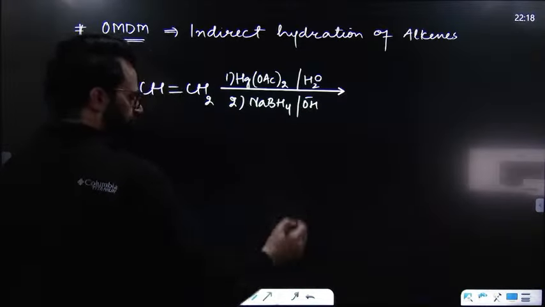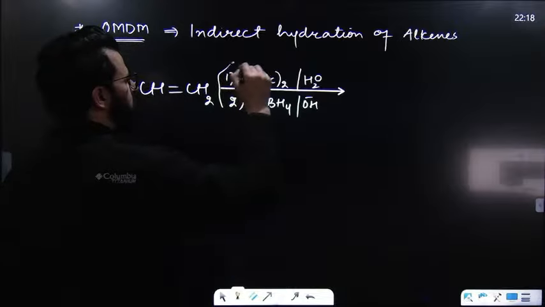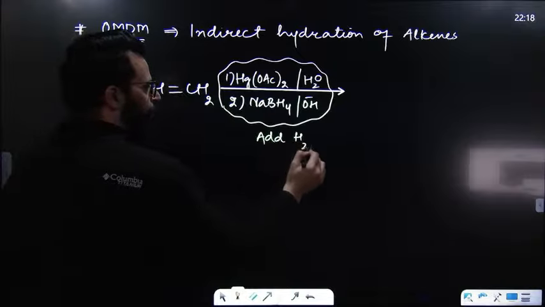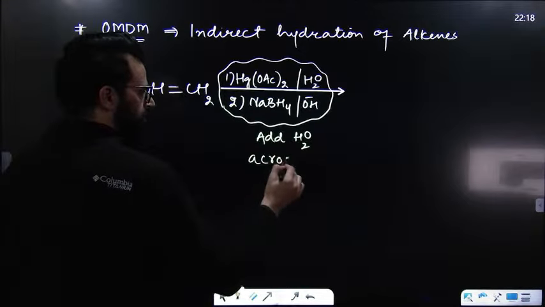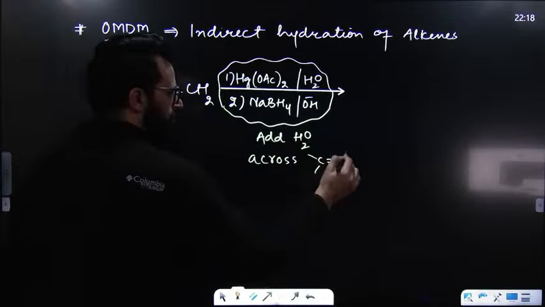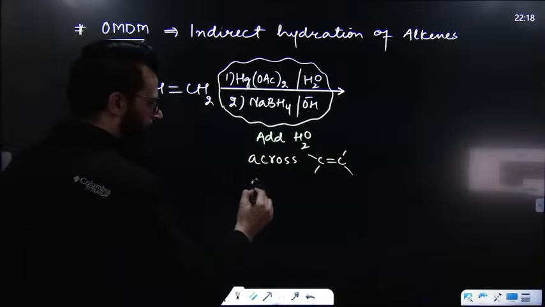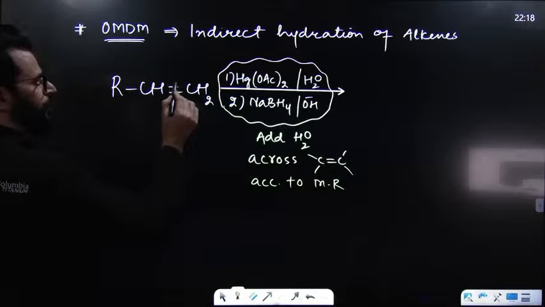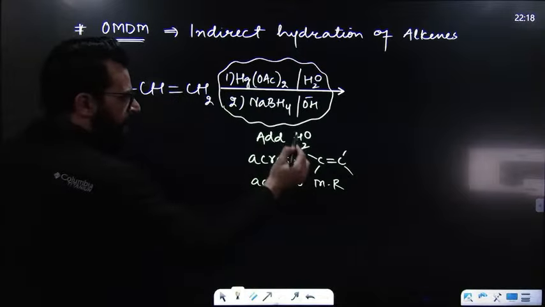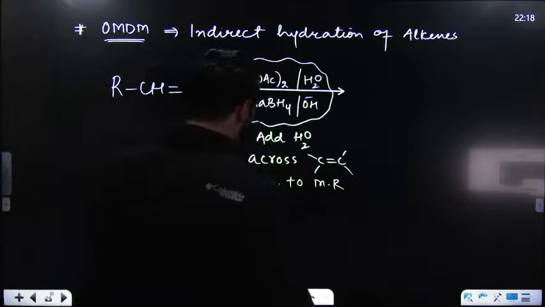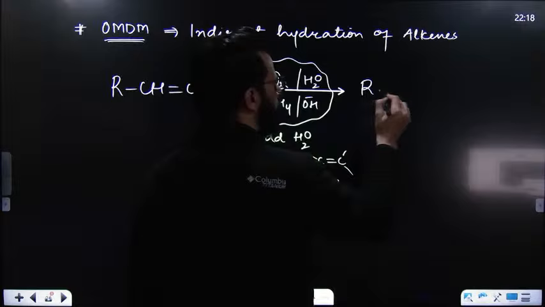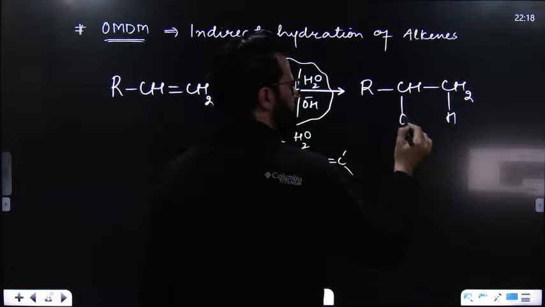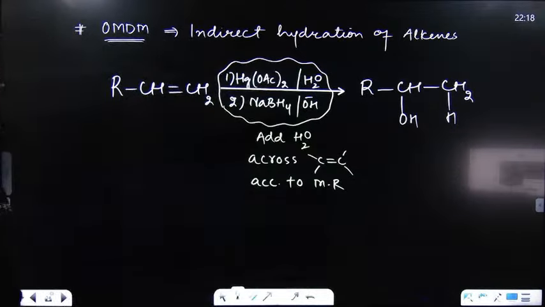Whenever you have these types of reagents, you have to add water across the carbon-carbon double bond according to Markovnikov's rule. Now let me know, what will we do? We will break this and add the negative part to this and the positive part to this. I mean to say we have to add water according to Markovnikov's rule. So addition will be like this. I hope this is clear.